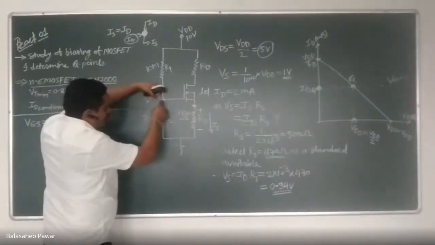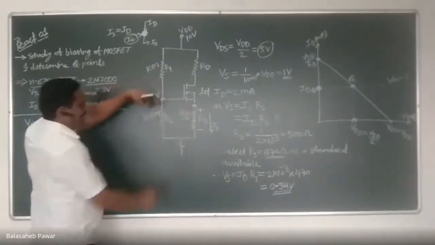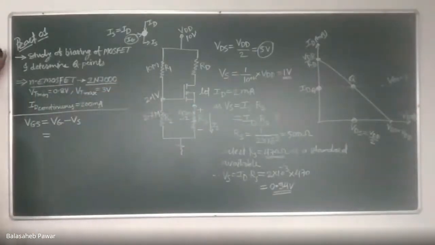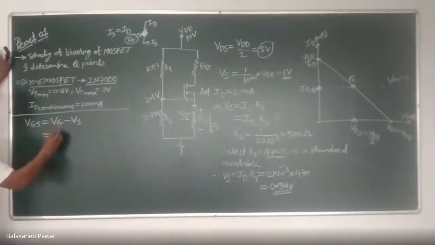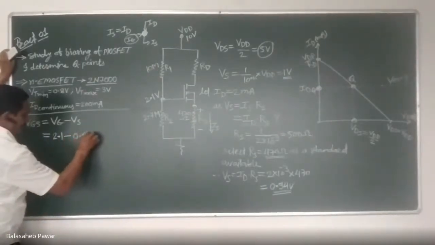It is the potential difference between those two terminals, where that Vg we determined as 2.1 volt minus Vs is 0.94 volts.